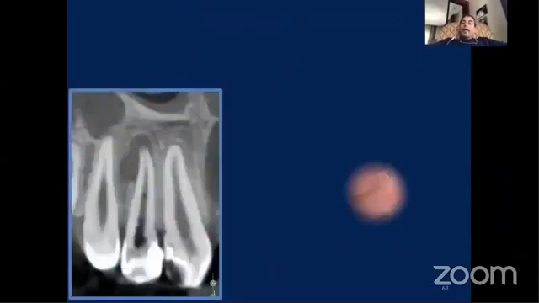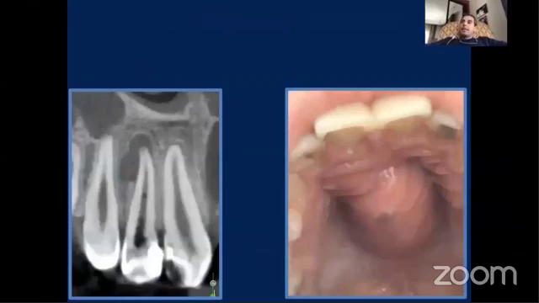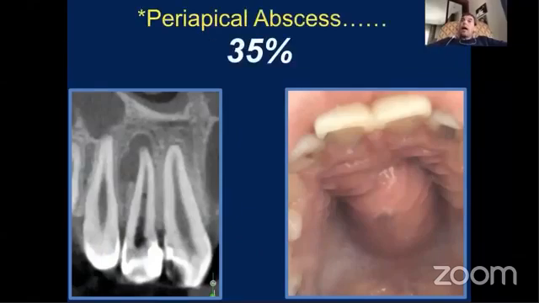And we can see the abscess and the swelling caused by this abscess. When the patient comes to our clinic, he has a swelling, and sometimes it is with severe pain. And we have to know the percentage of abscess among the endodontic lesions. It's about 35%.